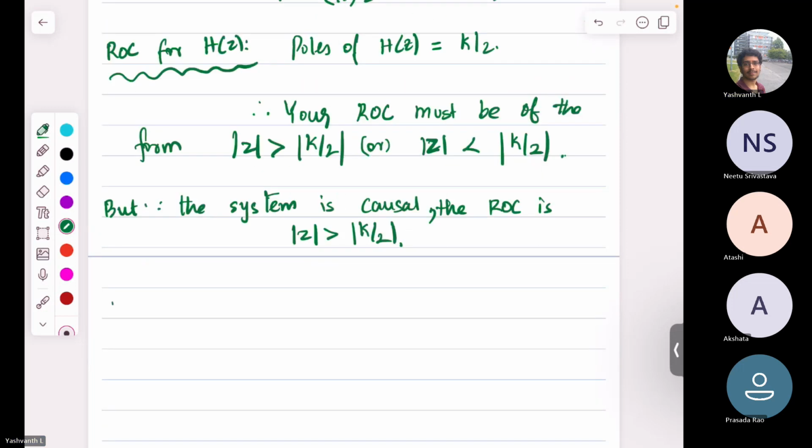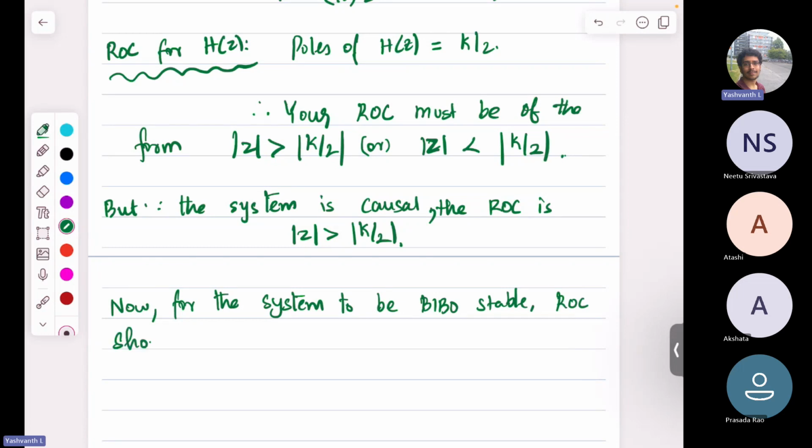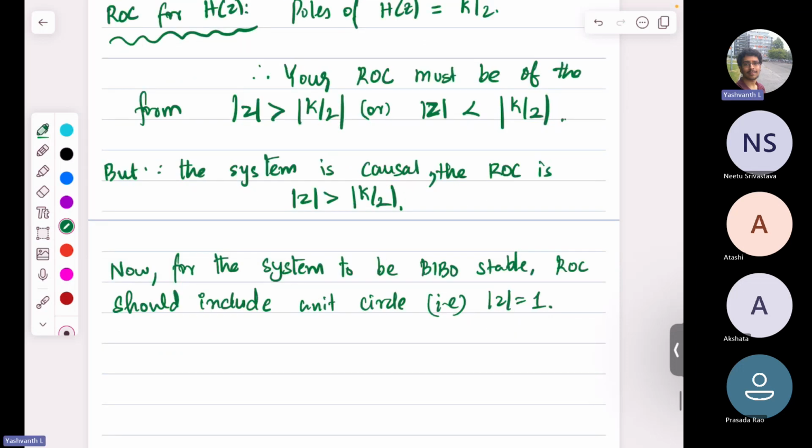Now it's simple. For the system to be BIBO stable, the ROC should include the unit circle, that is mod z equal to 1. Right?